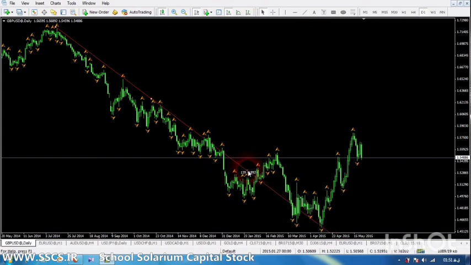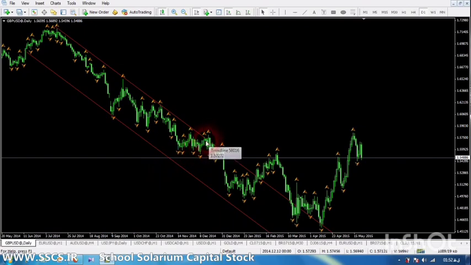This is another swing high for me. And the one parallel to it will be this. So up until the price is having fluctuation in this channel, I have a downtrend.